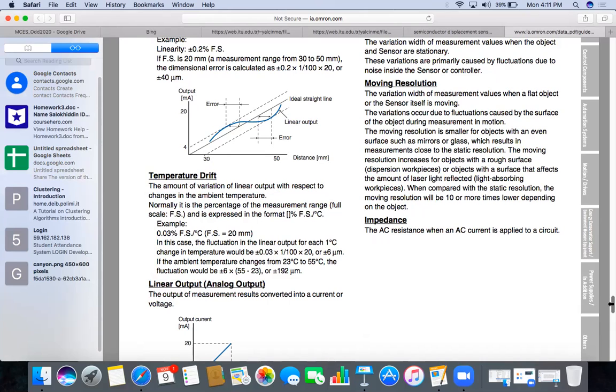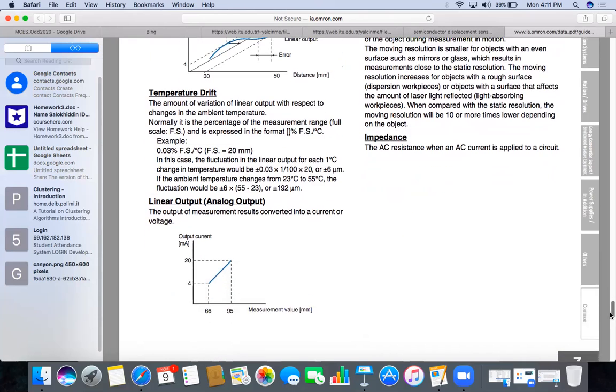In this case, the fluctuation in the linear output for each 1 degree Celsius change in temperature would be plus minus 0.03 into 1 by 100 into 20, that is plus minus 6 micrometer. If the ambient temperature changes from 23 degree to 55 degree, the fluctuation would be plus minus 6 into 55 minus 23, that is plus minus 192 micrometer.